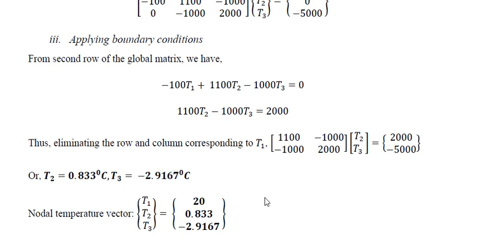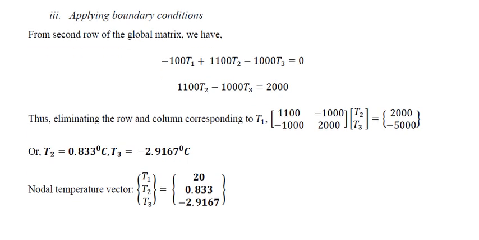Please be careful about the unit. We are maintaining degrees centigrade, and observe carefully. Left-hand node 1 is 20 degrees. Surrounding temperature is minus 5, so temperature should decrease when moving towards the right.